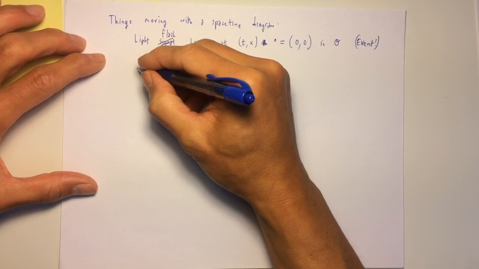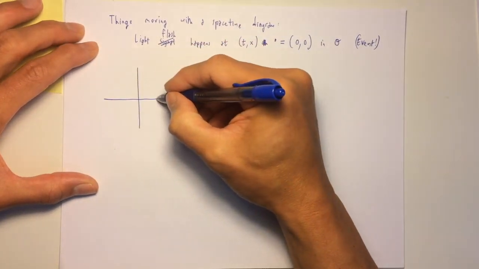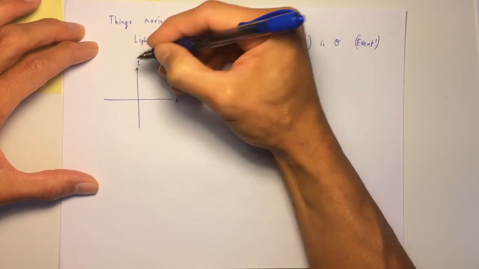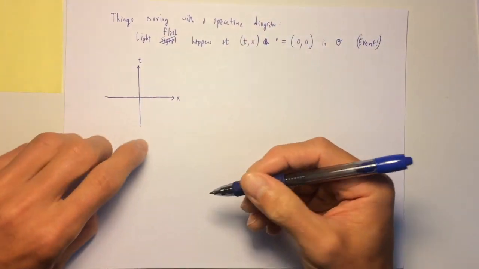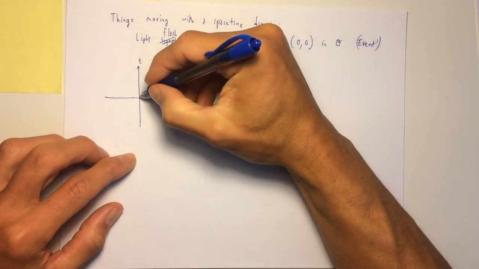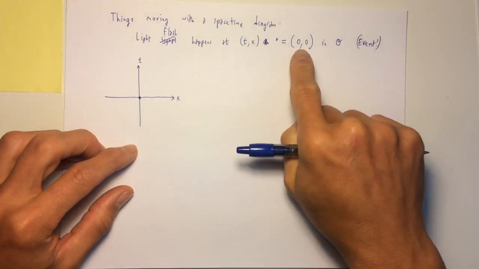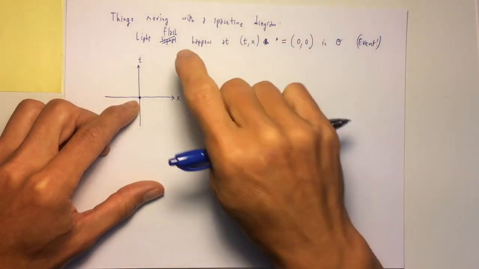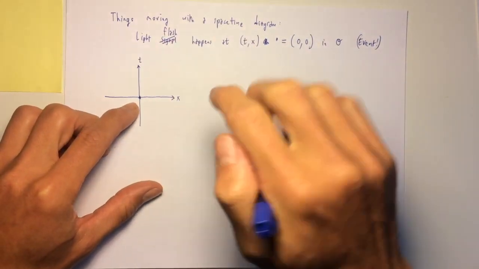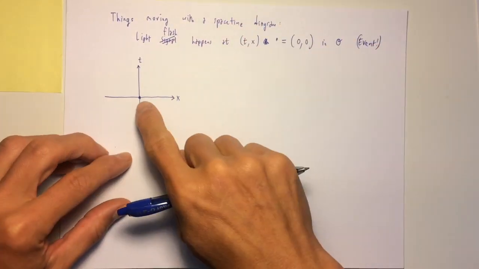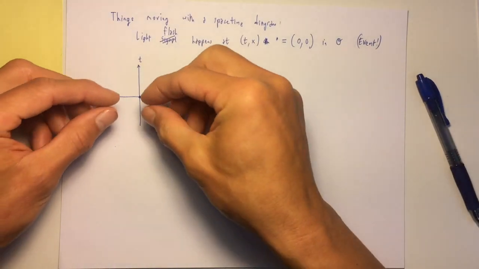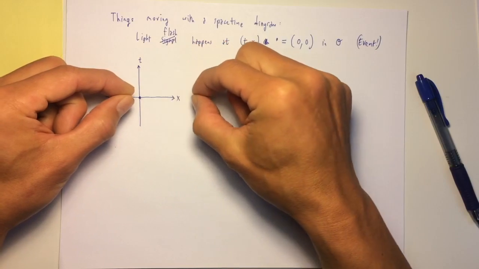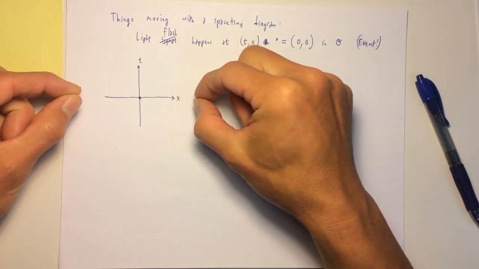So let me draw a space-time diagram. Space on the horizontal, time here, and 0, 0 is right there at the origin. So there's the event. But when a light flash goes off, it's going to travel both in the positive x direction, but also in the minus x direction.